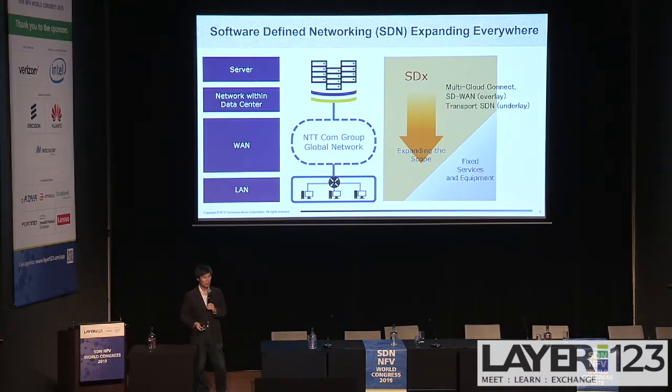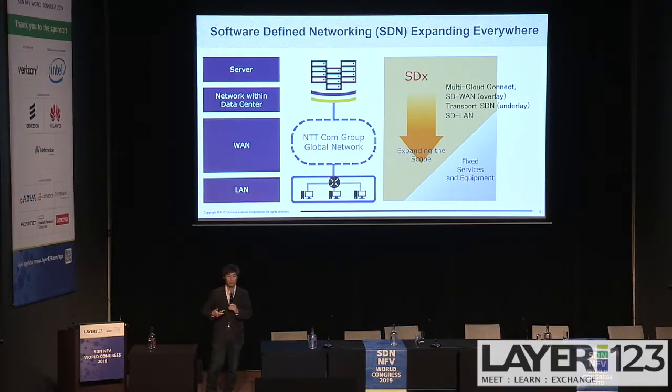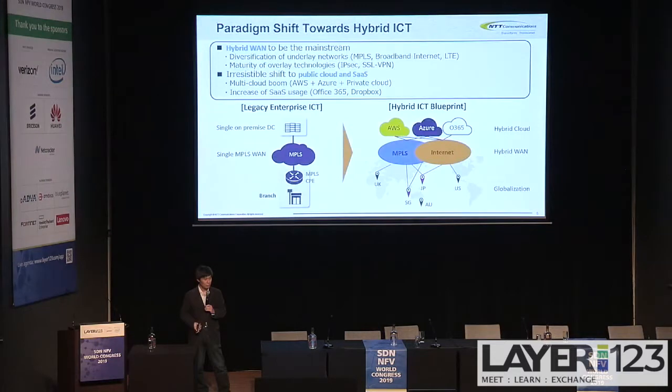After that, we introduced SDN to our transport network, another example of the underlay network. Last but not least, SDN finally went into the customer domain, so we introduced SDN technology to control the customer LAN. We call it SD-LAN, the kind of service provided to customers.